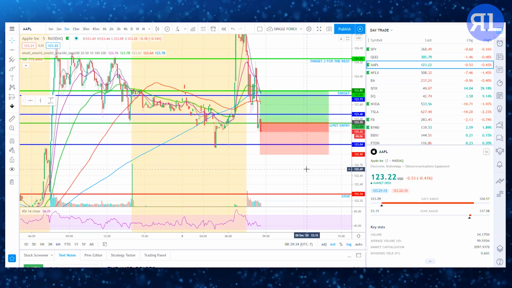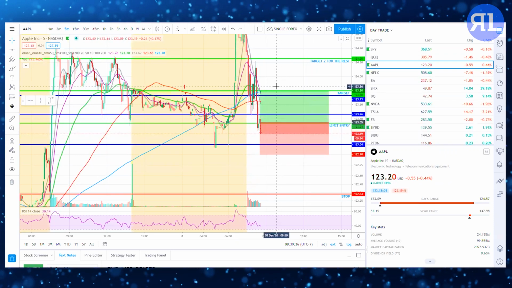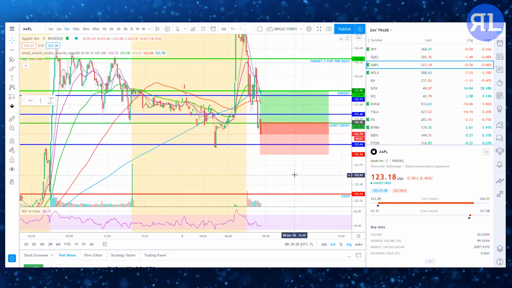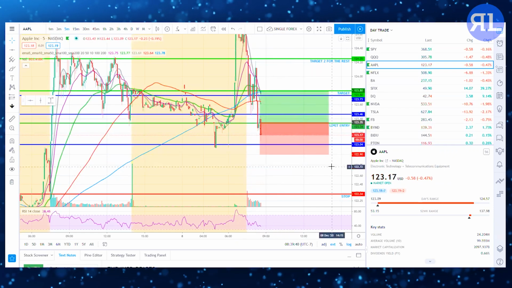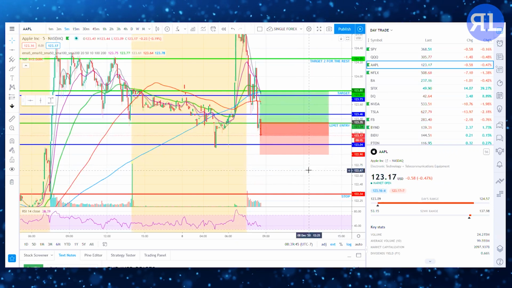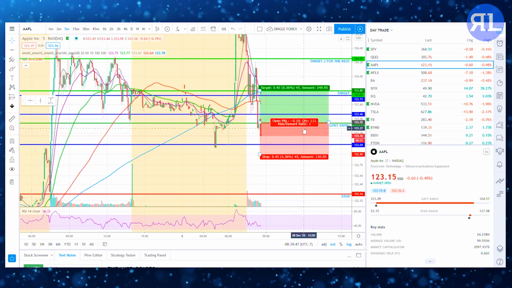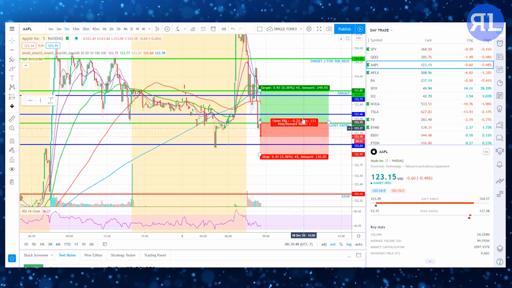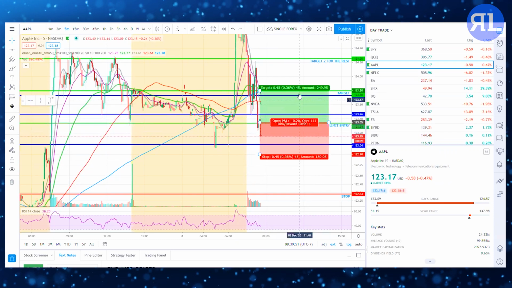So that's the whole reasoning why we have a 2R trade, is because most traders will not win more than 50% of their trades on day trades. That's why it's so important to back trade your strategy so that you can figure out what your win-loss percentage is, so that you can understand what my plan needs to do.